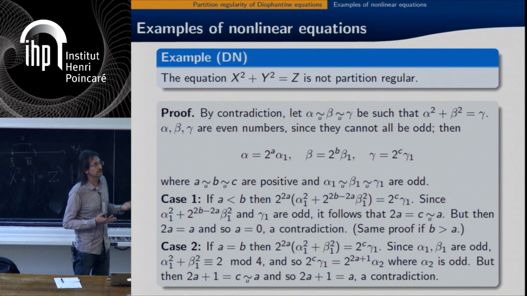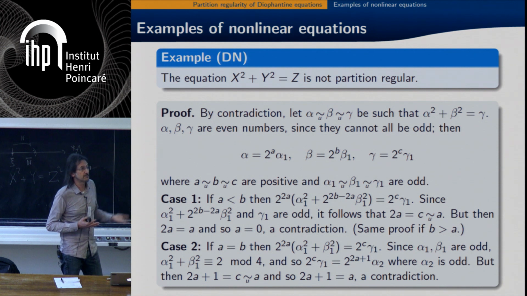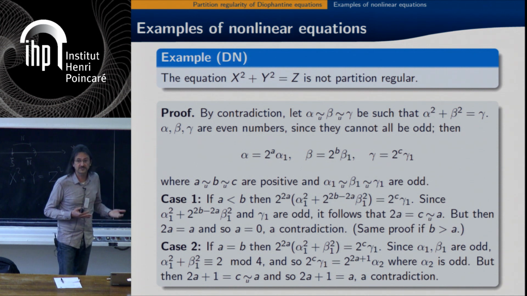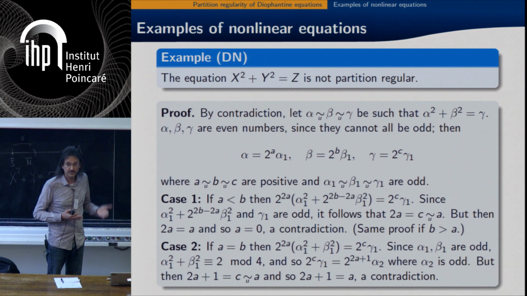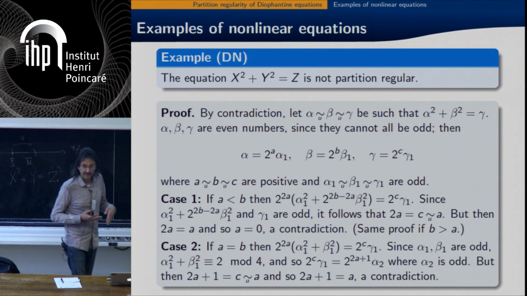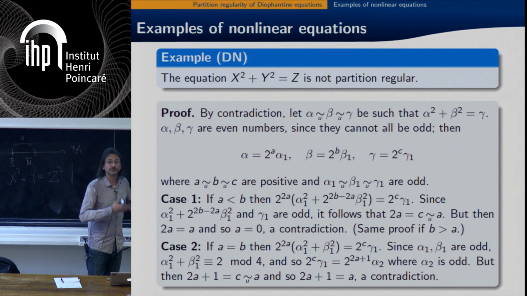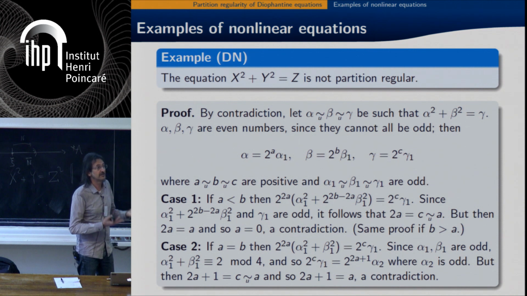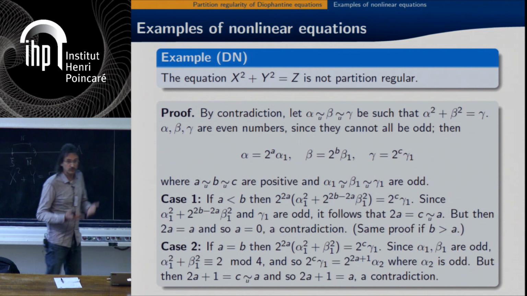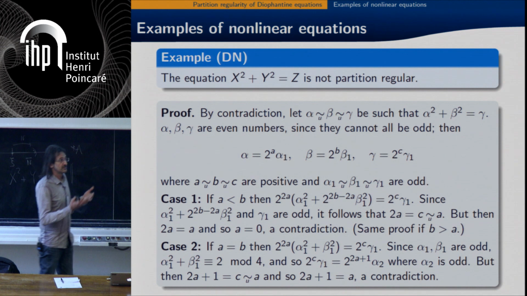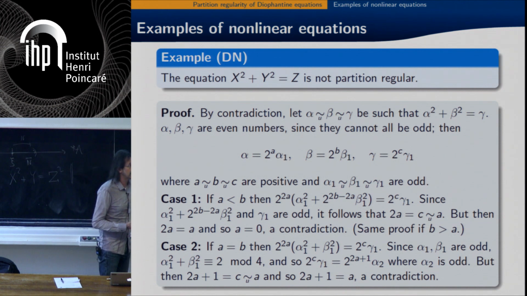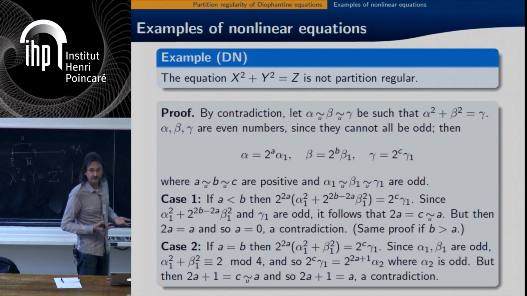If A is less than B, then we factor. And we find out that 2 times the exponent A must be the same as C. Now, C is equivalent to A. But since the function double applied to A is equivalent to A, this actually means that they must be equal. So 2A must be equal to A, and this is a contradiction.